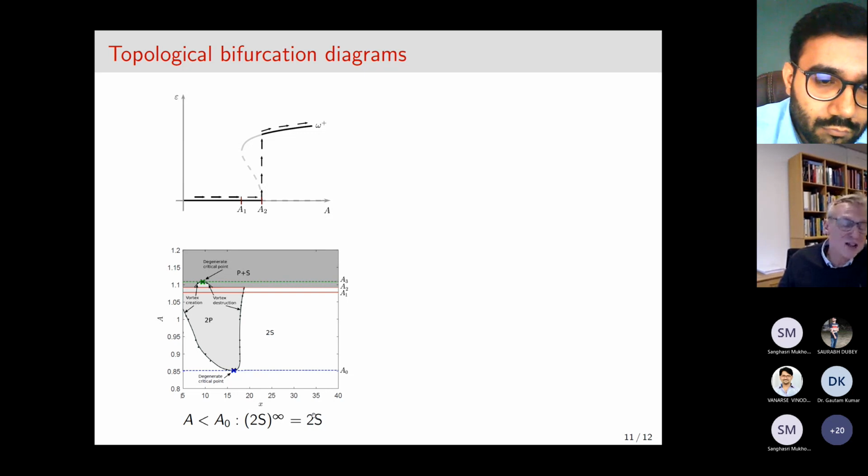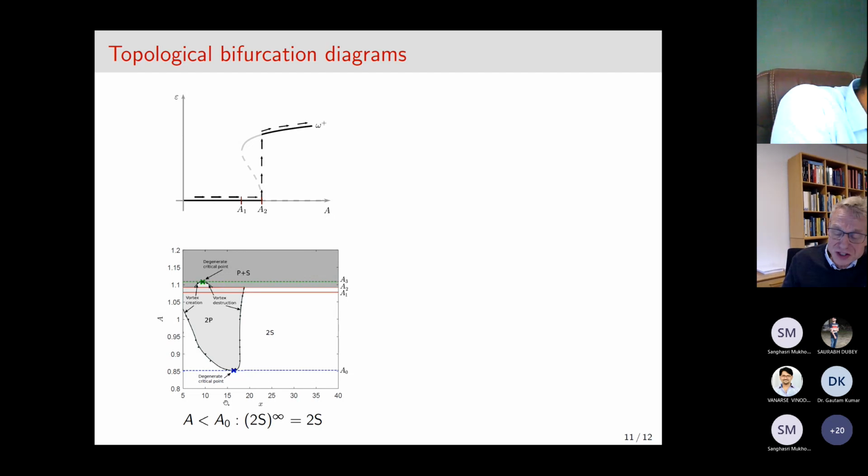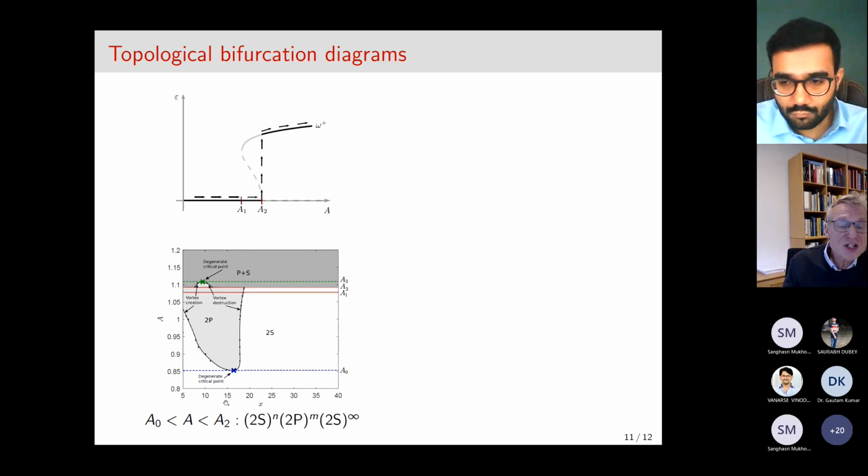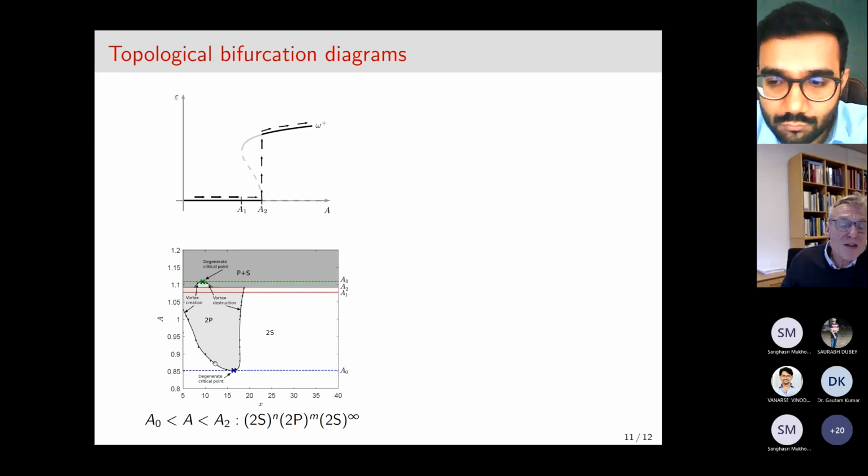So you have the classical 2S wake with no variations in the topology as you go along. But then you see here there's a value A0, 0.85 or something like that. So if you cross that and go just a bit above that, you will see that if you are close to the cylinder, you have a 2S wake. Then you have a cusp bifurcation, creating new vortices, and they go downstream, and then they disappear a little later, and then you are back to the 2S wake.